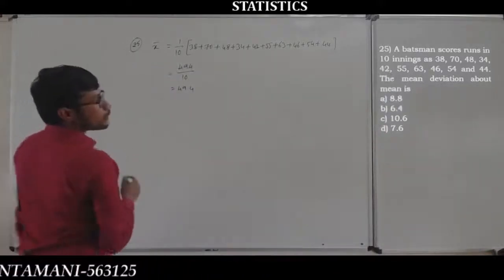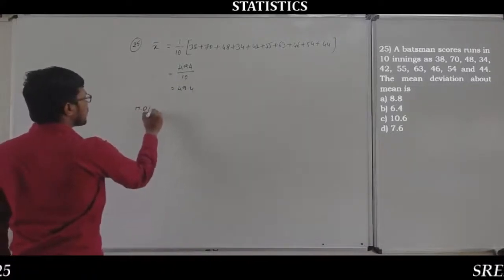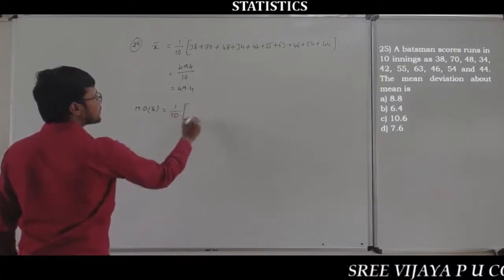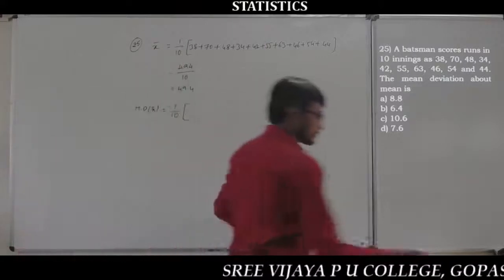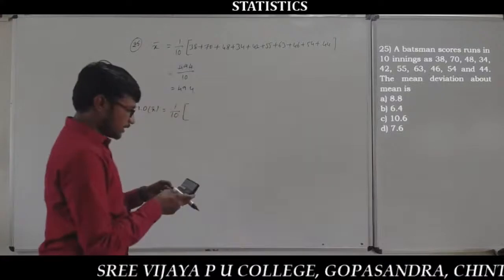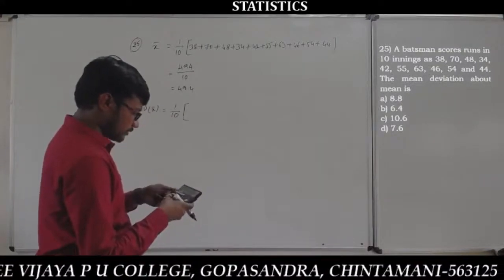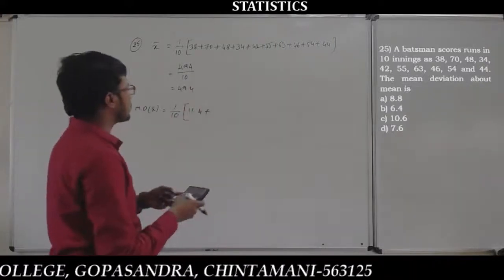Now you can find the mean deviation about the mean, right? So the mean deviation about the mean x bar is 1 by the number of observations, 10. From each observation you subtract the mean. Okay, let's do that. So 38 minus 49.4, you will get 11.4 negative, but now we take it as positive.